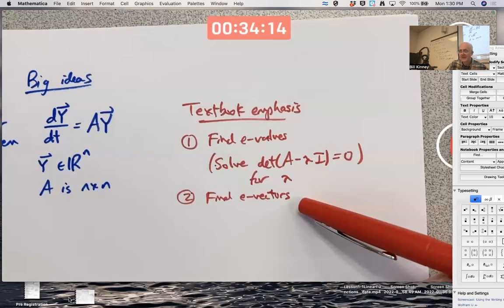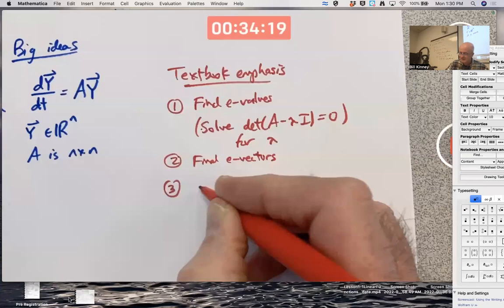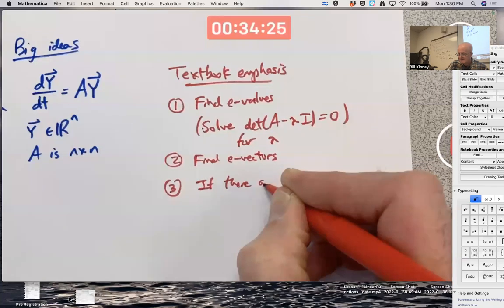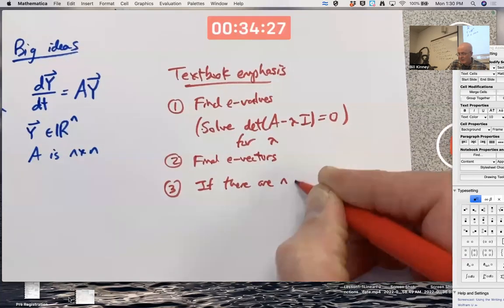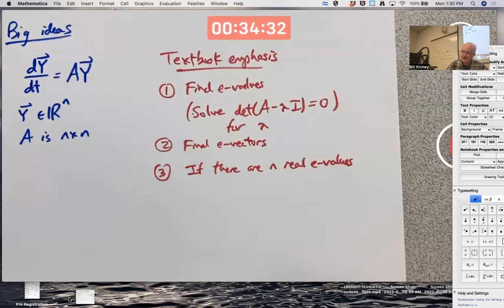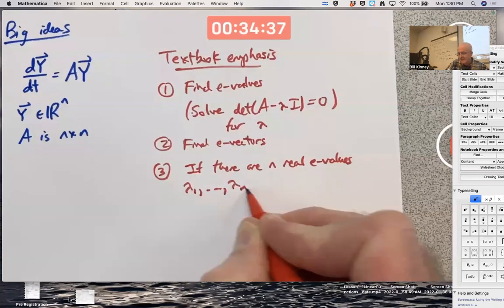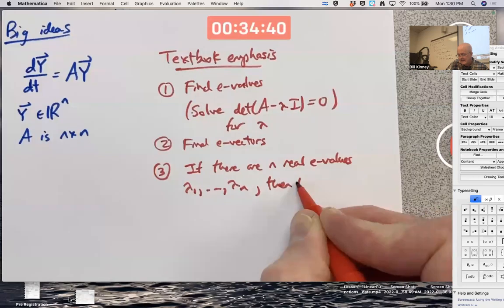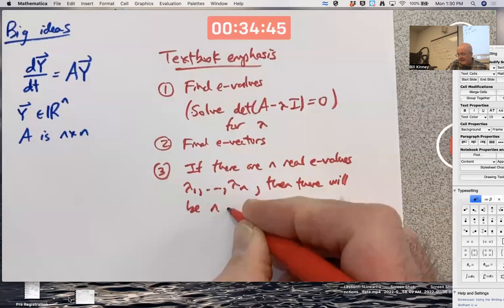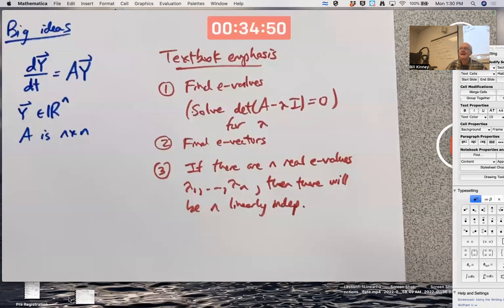In that nicest of cases, if there are n real e-values, say lambda 1 through lambda n, then there will be n linearly independent e-vectors.